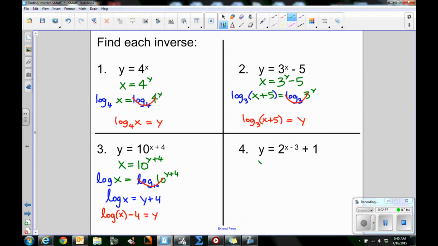Number 4, switch x and y. First step, subtract 1. Then take the log of both sides, base 2.